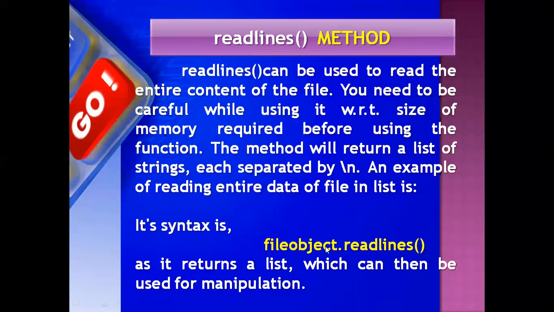Any object name you can write here, file object dot readlines, as it returns the list which can then be used for manipulation of data. So file object name dot readlines will read the entire content of your paragraph.